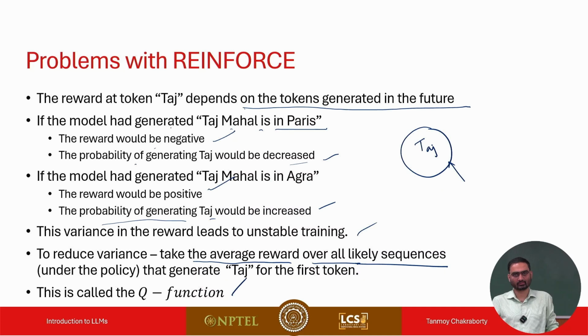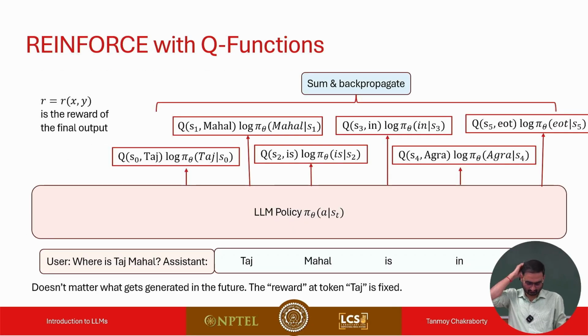And this is called the Q function, okay? Some of you may know reinforcement learning. This is a very popular method in reinforcement learning. As you see here, I use this Q function.